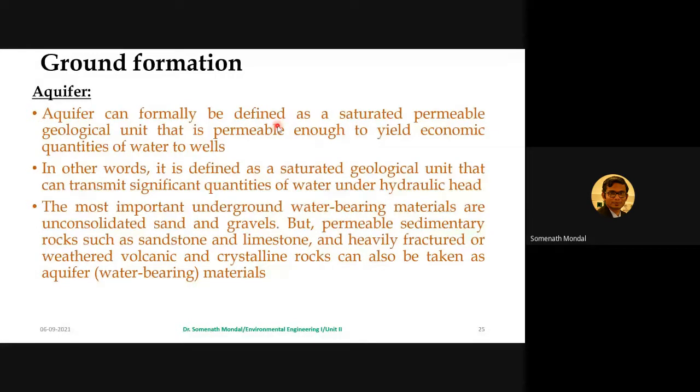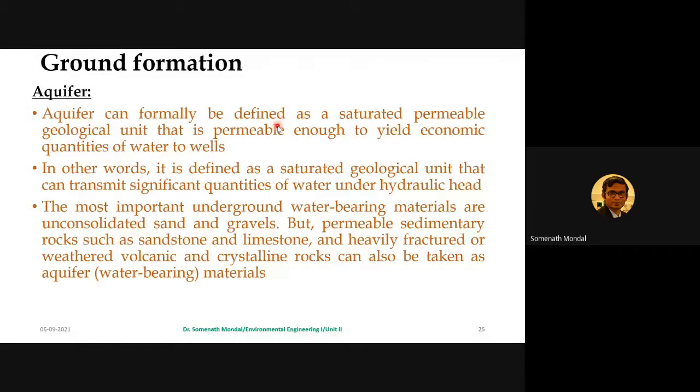So aqua means the water, and fer means which can bear the water. So therefore, the term aquifer can literally be understood as water-bearing formation. Fine. So it can formally be defined as a saturated permeable geological unit that is permeable enough to yield economic quantities of water to wells.